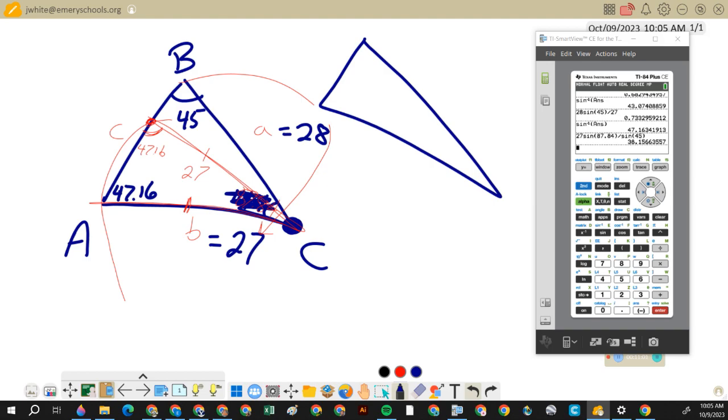Okay. What do I know about this triangle? I know this side is 28. I know this side is 27. And I know this side is 45. And I know that this angle, which I didn't draw very well, is 47.16.